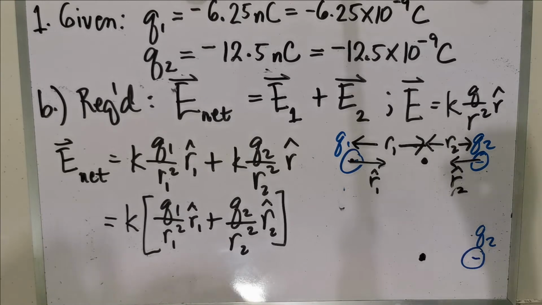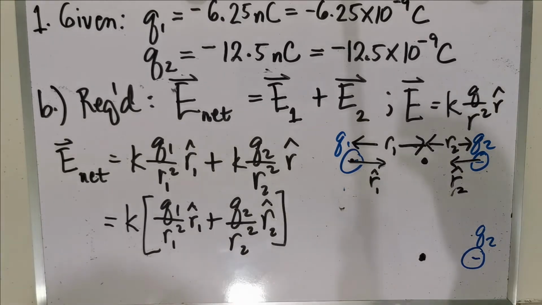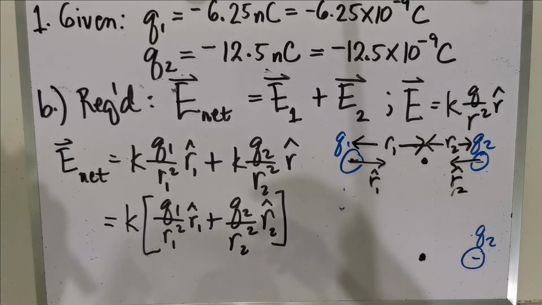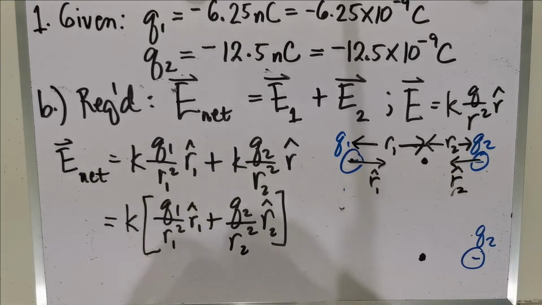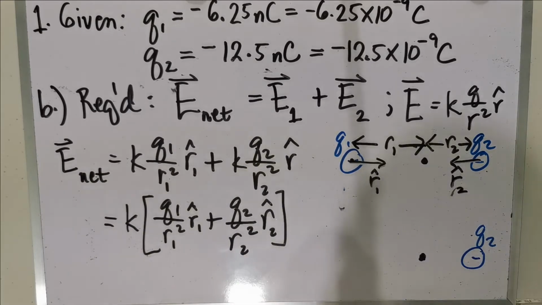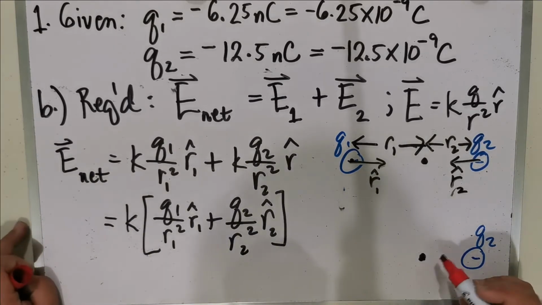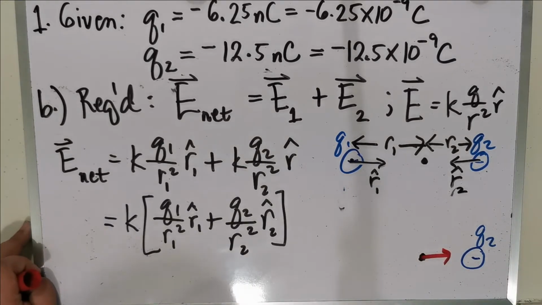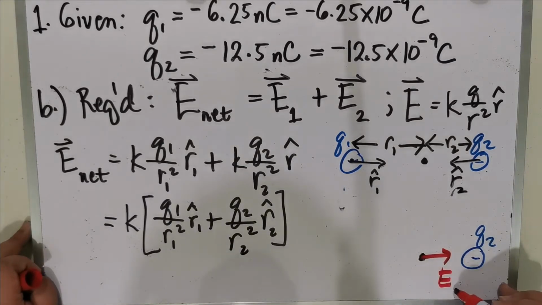Now remember that for a negative charge, the electric field is always directed toward the charge. So meaning your direction is into the charge. So in this case, E sub 2 would be in the positive direction. So this is the direction of our E sub 2.